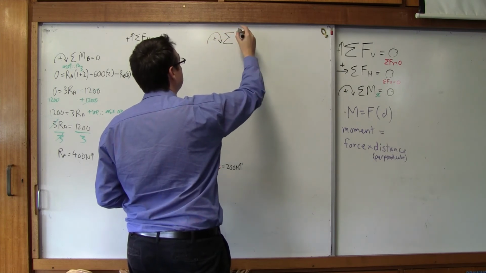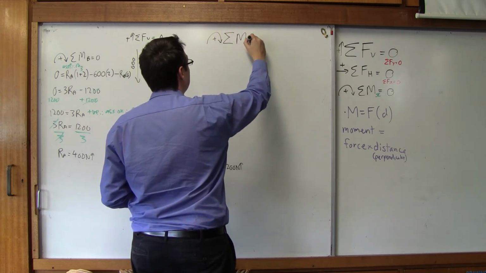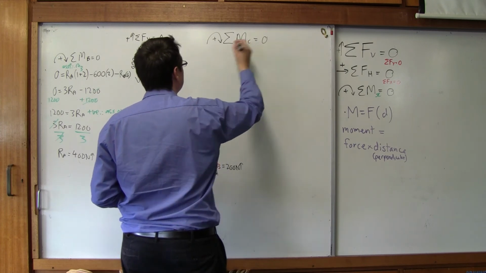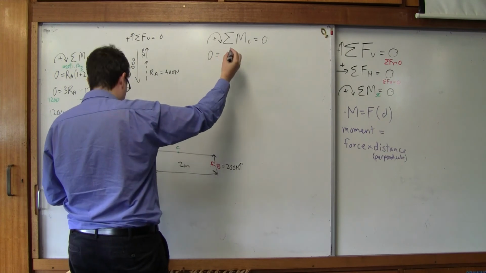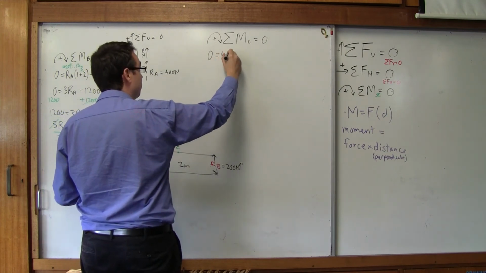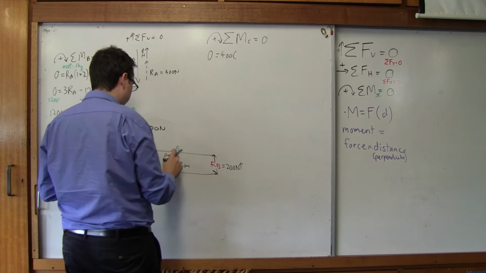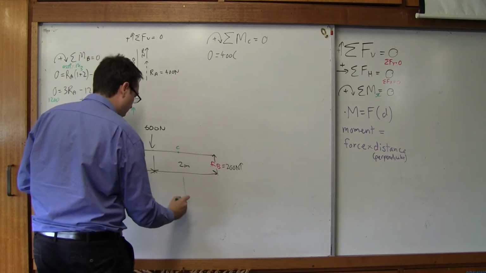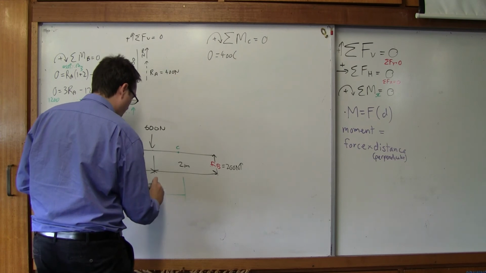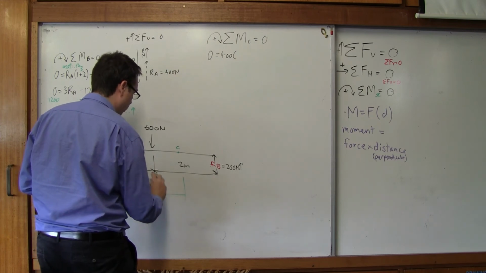The sum of the moments relative to location C equals 0. 0 equals, and we're just writing in all our forces, RA, which we said was 400. Now relative to C, how far is that? That would be 1 meter plus 1 meter, which is 2 meters.